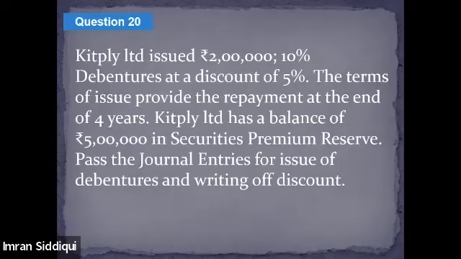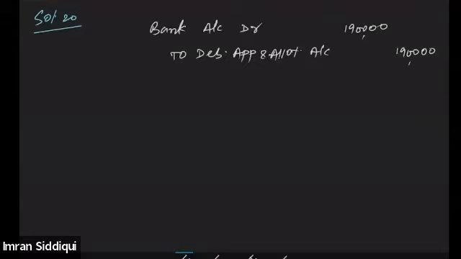Right. And the question further says the term of issue provides repayment at the end of 4 years. This is completely irrelevant. However, the important thing is that it is to be redeemed, right? The rate at which it will be redeemed is not given in the question, so we will simply presume that it will be redeemed at par value. Moving to the next entry.